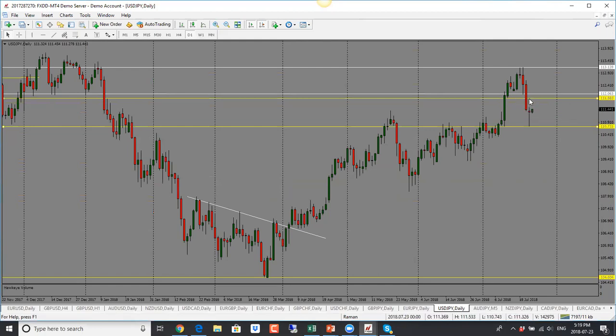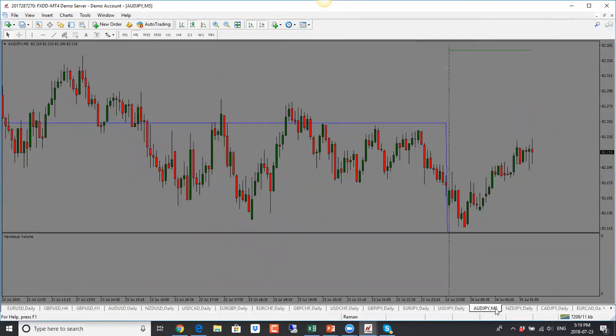And then depending on whether price holds below this level, coming all the way from here, we have a very similar sort of drop here, but the next move is not similar. So here we see price pull back. So this one could go higher. So 111.80 will be the target to the upside.